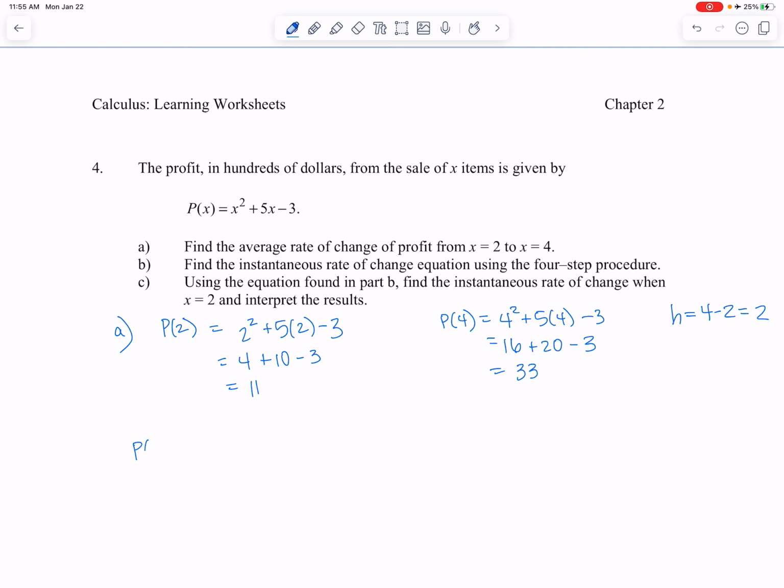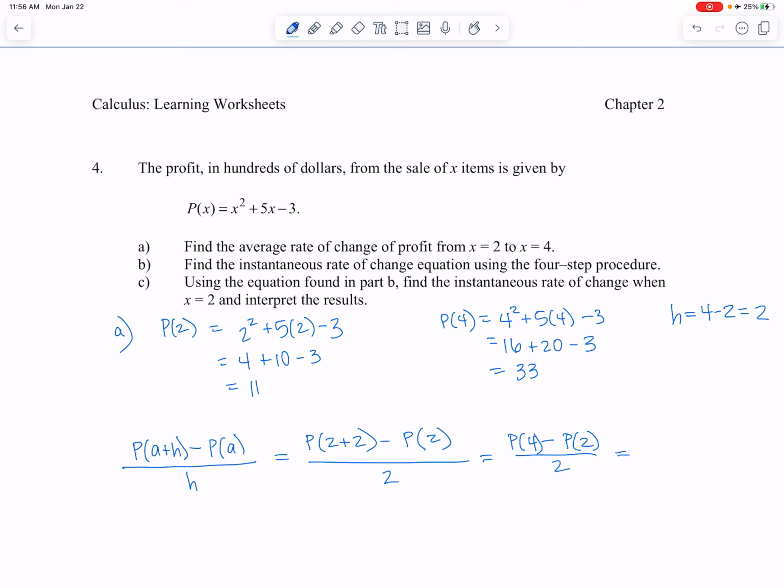Remember, we're doing (P(a + h) − P(a))/h. So our a is 2, our h is 2, which tells us we have (P(4) − P(2))/2.